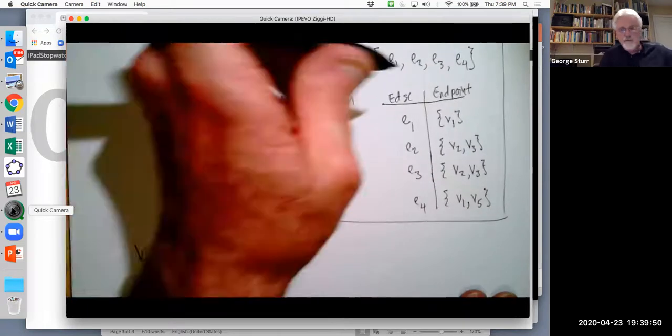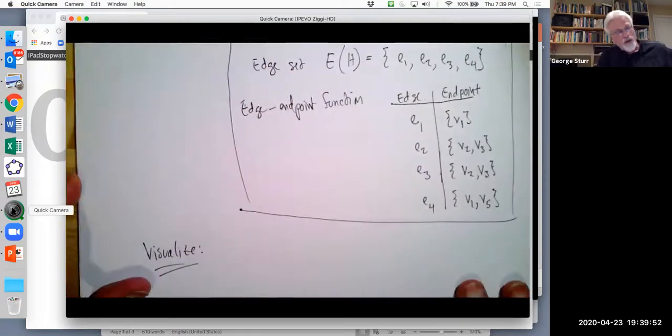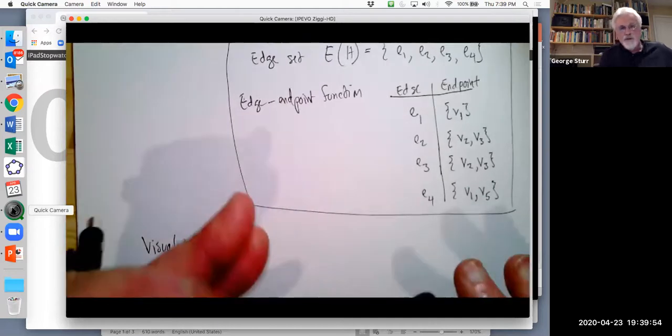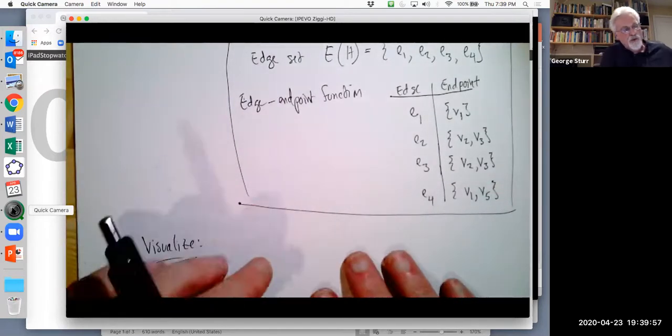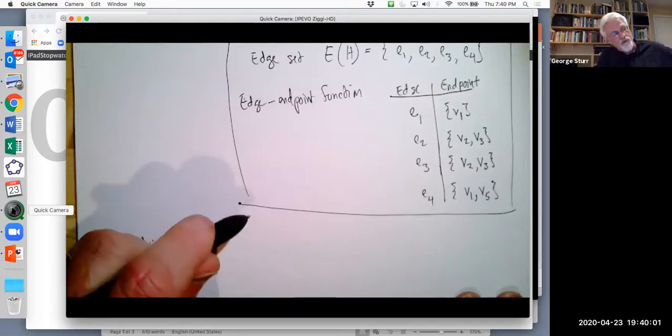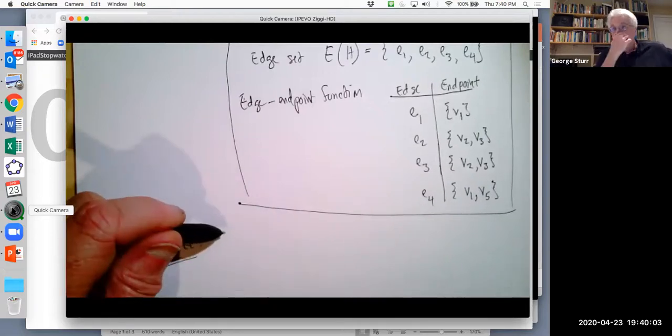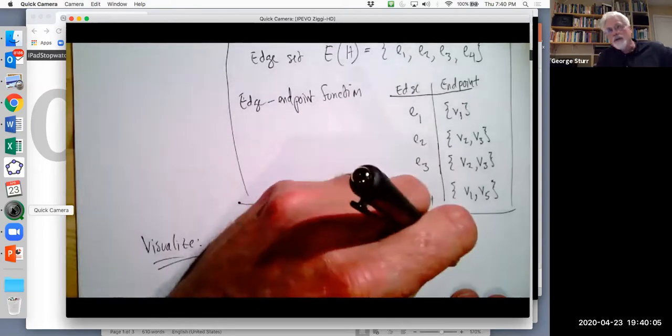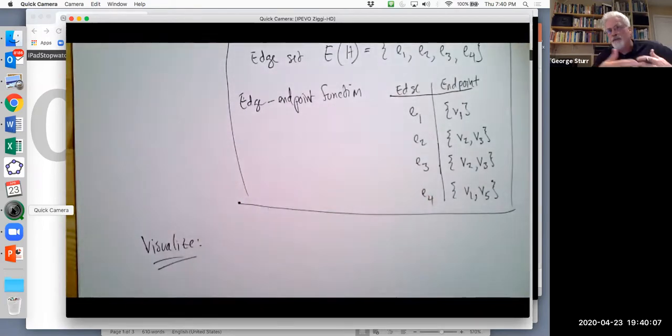How many vertices? 5 of them. I'm just going to arrange them. And when you do this kind of work, your vertices are arranged typically in a circular pattern, or if there's, say, 4 of them, you'll make a square. Sometimes you'll put them in a line because it fits the problem better. It just depends on what you're doing.